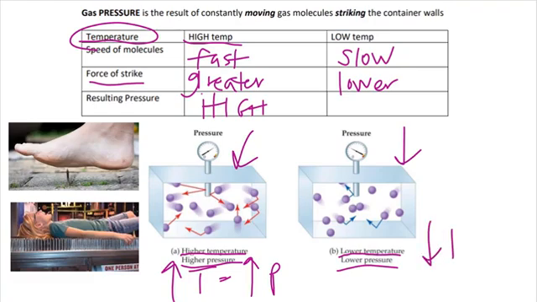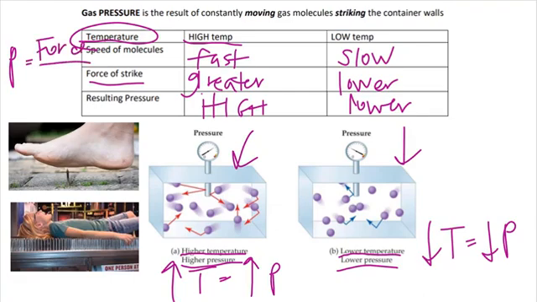So low temperature is lower pressure. Those are called being directly proportional. Now, the definition of pressure is equal to force over area.